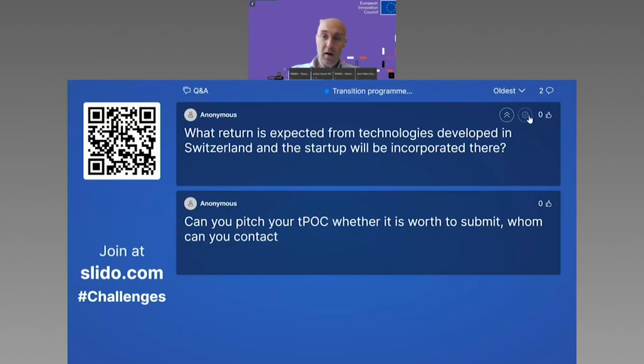However, the proposal would go against the spirit of the work program if we are funding the exploitation for the benefit of a company incorporated in Switzerland. So the exploitation partner should be established in an eligible country, member state or associated country.